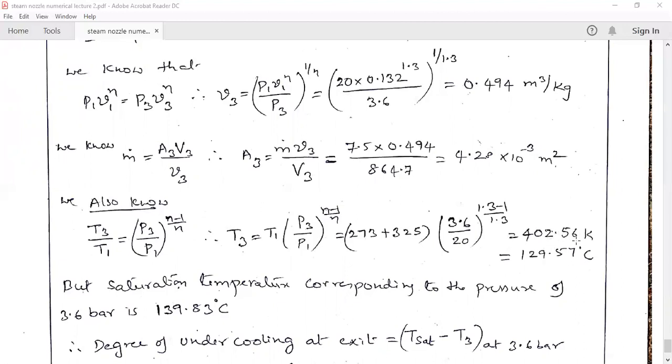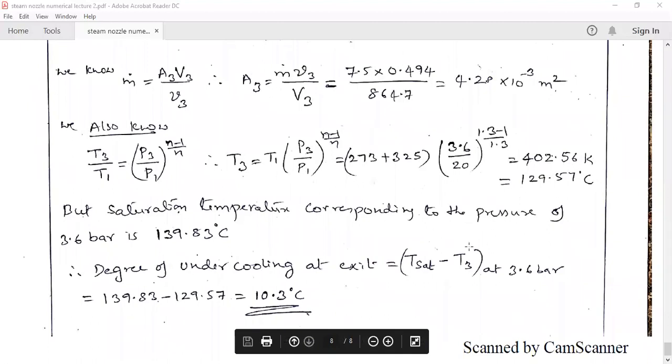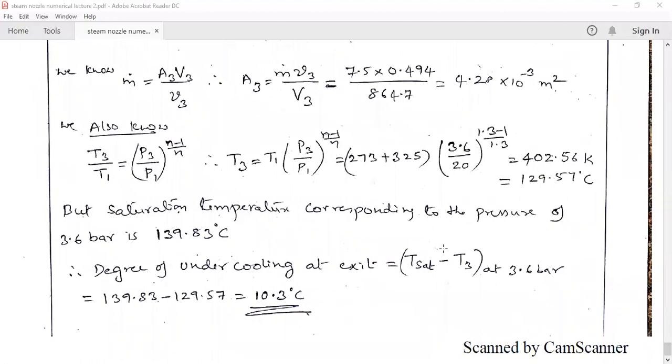It is 402.5 Kelvin. Make sure that you substitute the T1 value in Kelvin, not as degree centigrade. Then convert into degree centigrade. But as I said, there is a degree of cooling occurring in supersaturated flows. So how to find the degree of cooling?